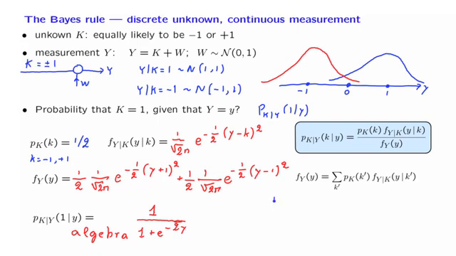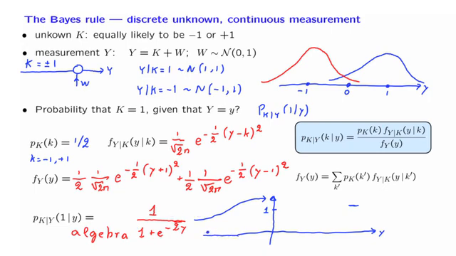Let's see what it looks like by plotting it as a function of y. So what we're plotting here is this expression. If y is very large, as y goes to plus infinity, this term disappears and we obtain a 1. If on the other hand y is very, very negative, so y goes to minus infinity, here we get e to the infinity, which is a very large number, so this ratio is going to converge to 0.